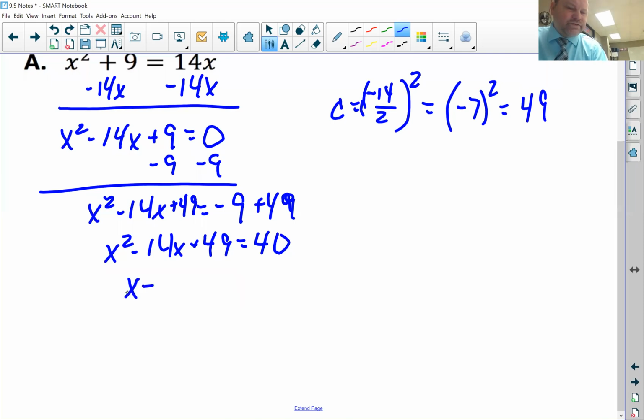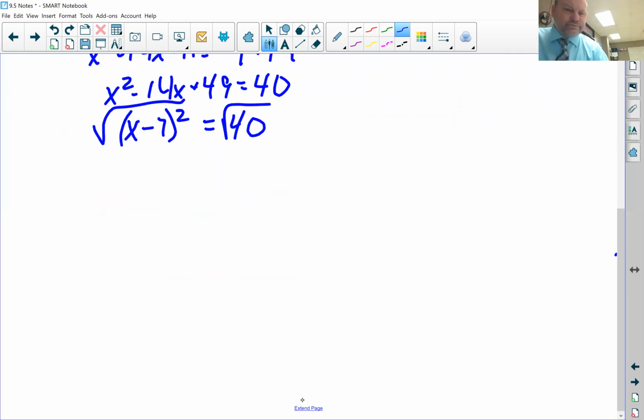X minus 7 squared equals 40. Take the square root. So x minus 7 would equal plus or minus the square root of 40, which we should check.